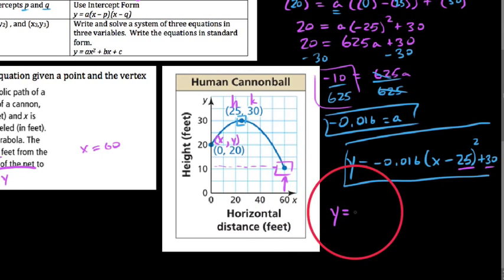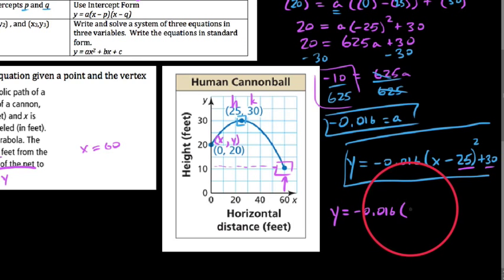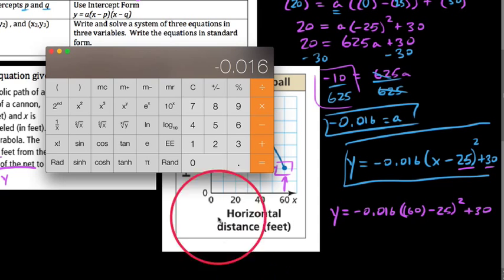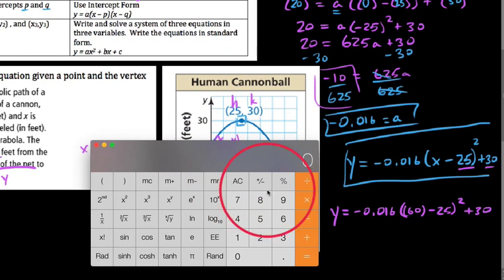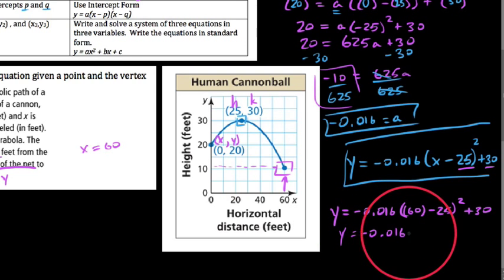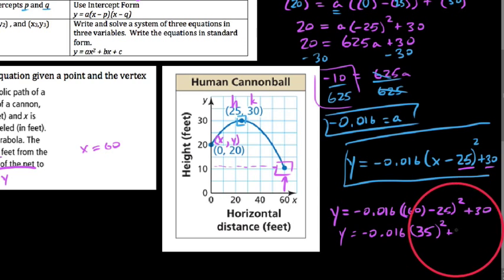So we would go ahead and plug this in, substitute in for x our x value, which is 60. So we'd say 60 minus 25 squared plus 30. And so we will need a calculator to carry out this computation. That's not so bad. We say 60 minus 25, since it's in parentheses, we'll do that first. And so we'll take that 35 now and we'll square it. So we have y equals negative 0.016 times 35 squared plus 30.